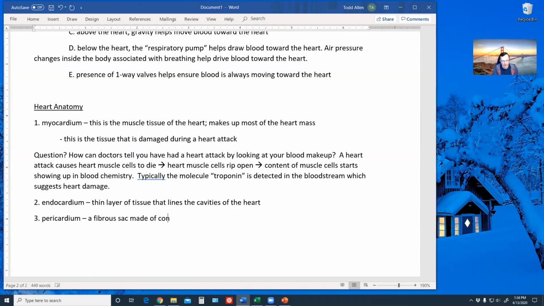Please appreciate that technically speaking, and being extremely anal at this point, the pericardium is not part of the heart. It is simply a sac that holds the heart.